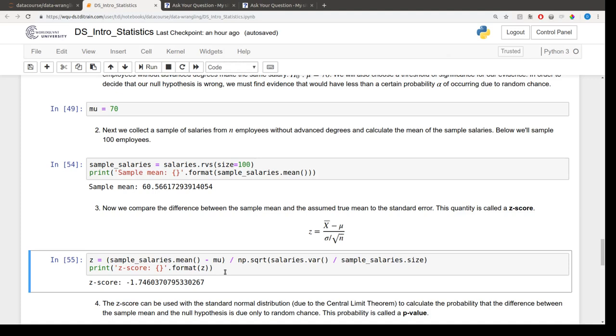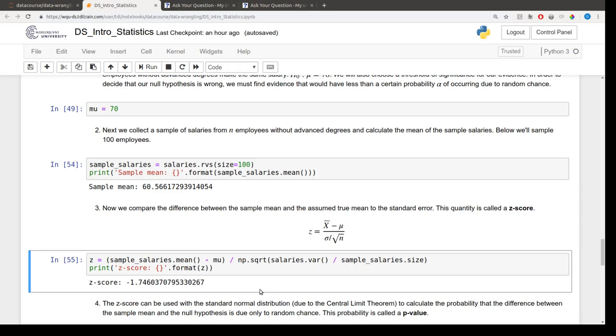If the standard error is the kind of deviation that we would typically expect between the sample mean and the true mean, then we know we've exceeded to some degree that expectation, right? This z-score is greater than 1. It's more than we would have expected. Now, is 1.7 a lot? Is that way more than what we would typically expect?